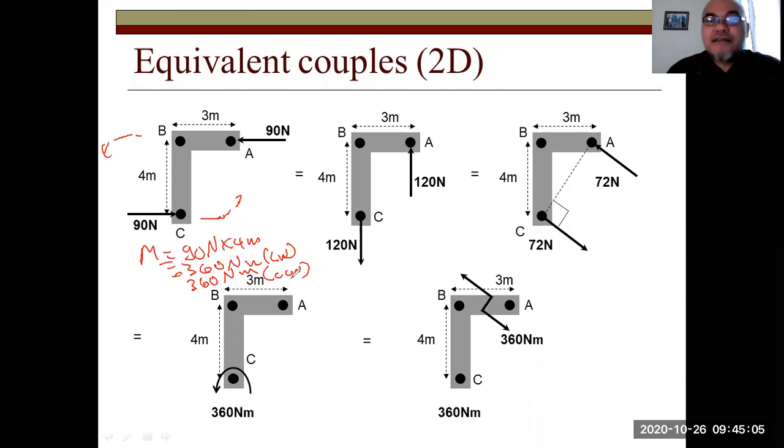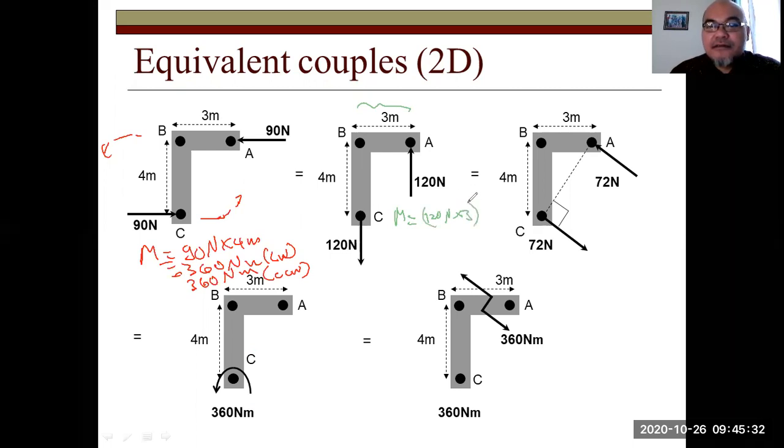The second moment, I will give a different color here. 120 Newton, this one downward, the other one, the 120 Newton force upward at point A. The distance between them is 3 meter. So the moment caused by this couple, by these two exerted forces, is 120 Newton multiplied by 3 meter.